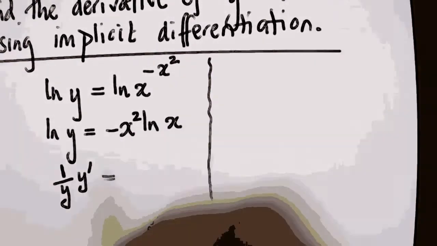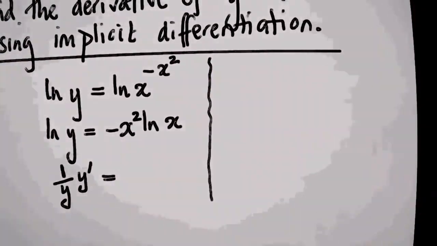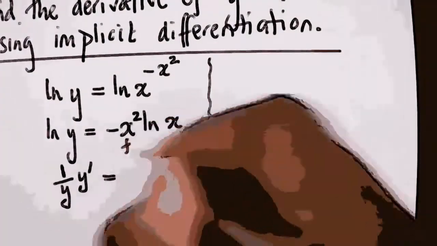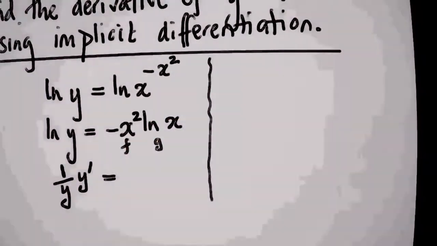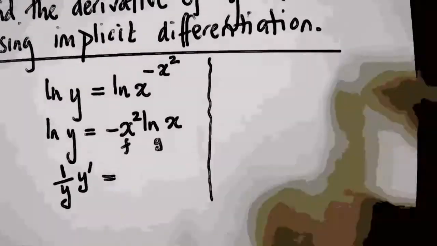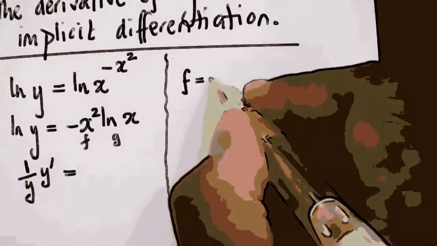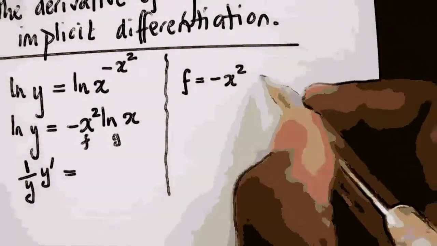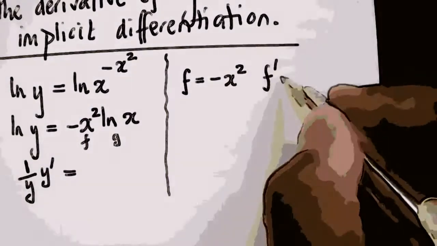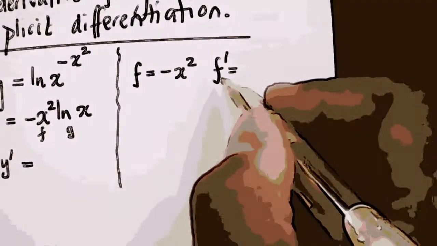So, let me use a red pen. We can take this to be our f, and the ln x can be our g. So f is minus x squared. Immediately we can work out f prime.